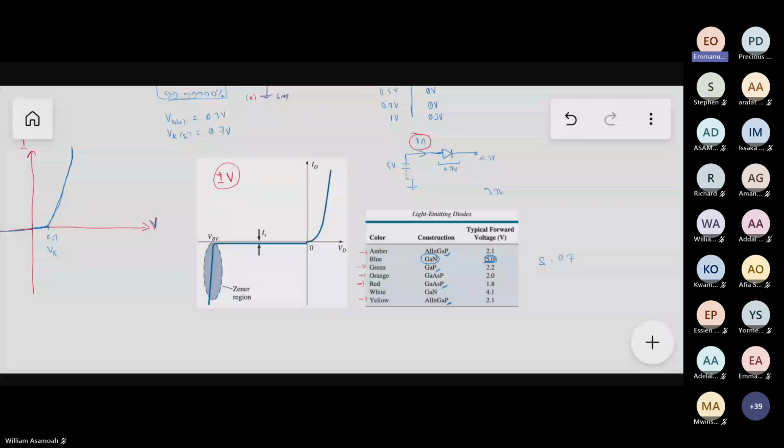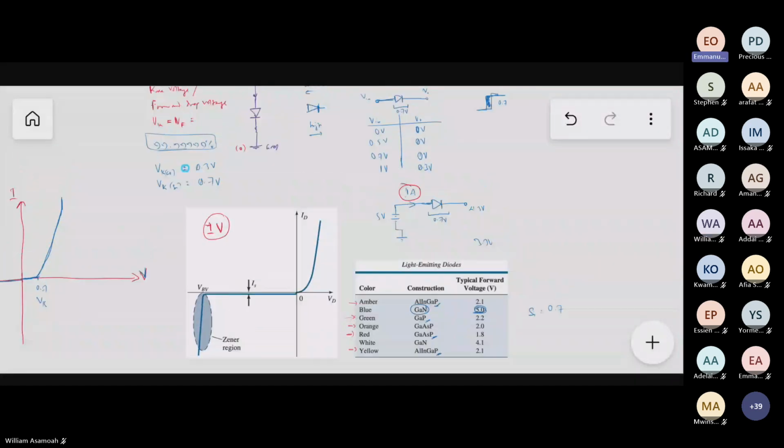Because as you started, you said there are two main types of materials diodes are made from, and the germanium ones start at 0.7 and the silicon starts at 0.3. So is the 0.7 a standard figure for all diodes or what?